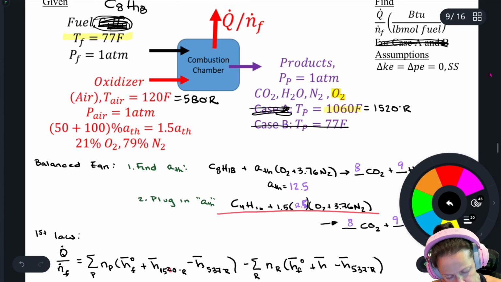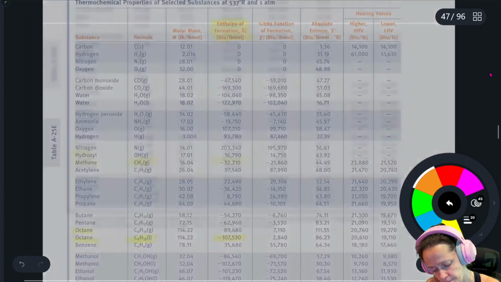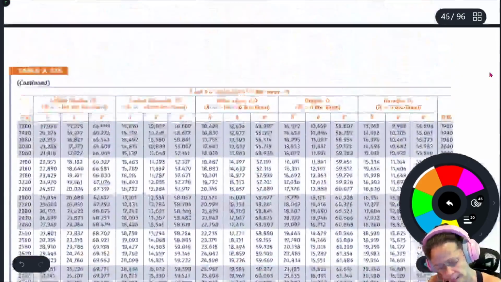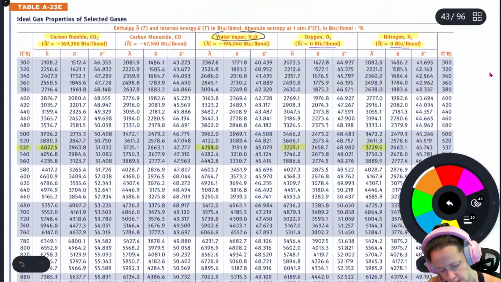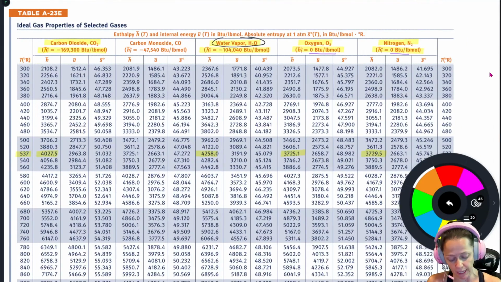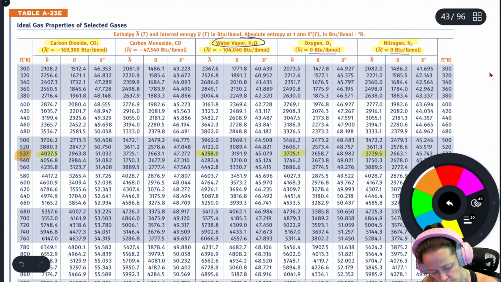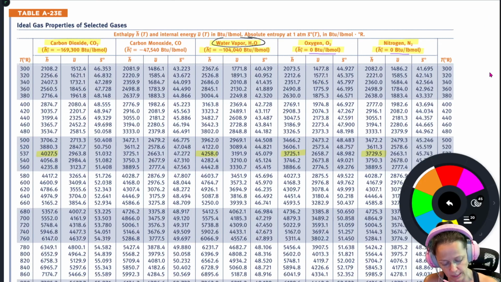Going back to A23, when I plug in things for the reactants, I'm still going to need values for 537, because that's at standard reference state. But now I also need it at the temperature that the reactants are coming in at.